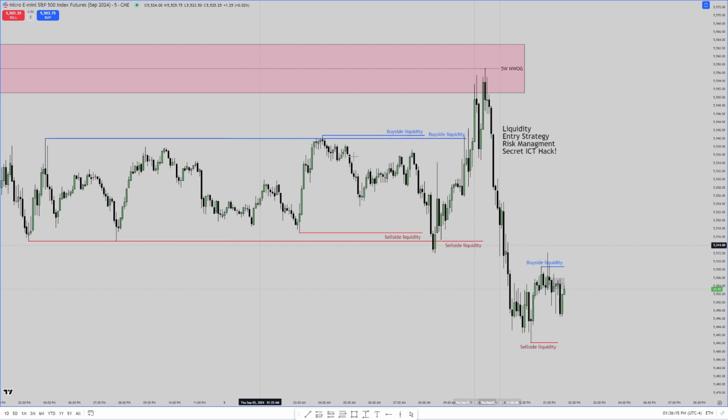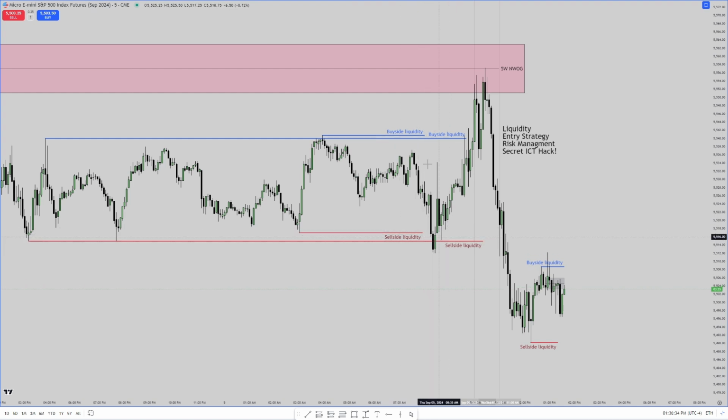The first thing that I noticed is that these levels are kind of overlapping each other. They're in close proximity. When I see that, I like to see it take both of them, which it did here.